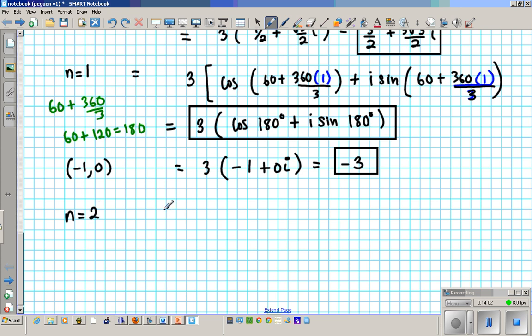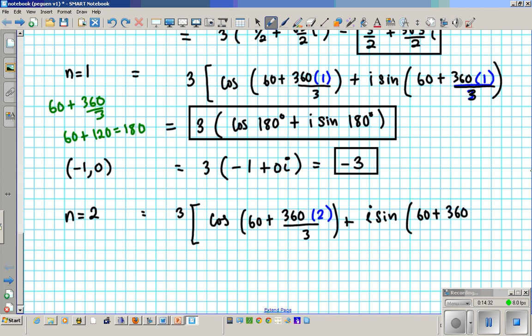So now that's going to give us 3 times cosine of 60 plus 360 times 2 over 3, plus i sine, the same story, i sine 60 plus 360 times 2 over 3.